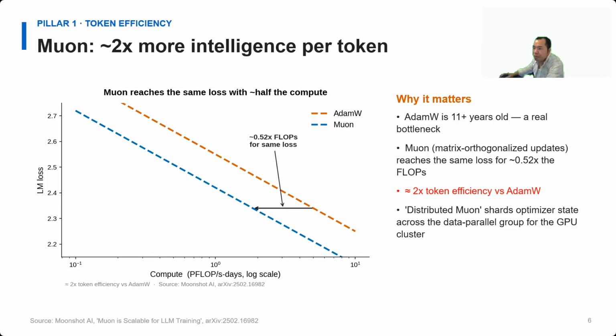And to make it memory efficient on the NVIDIA GPU cluster, they built a distributed Muon that shards optimizer states across the data parallel group and gathers gradients just in time for the Newton-Schulz iterations. The bottom line is that they doubled the value of every training token. And remember from the earlier point about efficiency, they also buy lots of iteration speed.